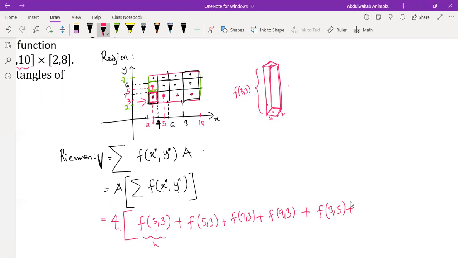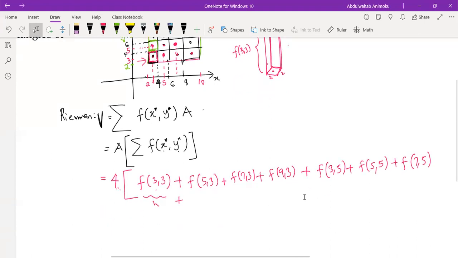Then the next one, X is changing to 5, and Y is still 5. The next one, X is 7 and Y is still 5. Okay, so let's just move it down. What about the last one? X will be 9, and Y will be 5.